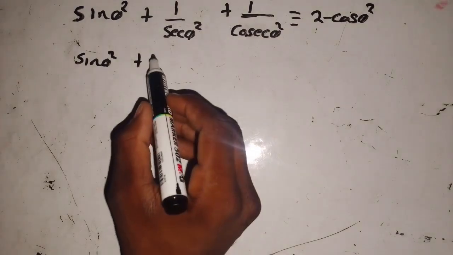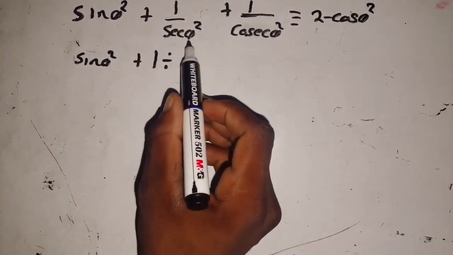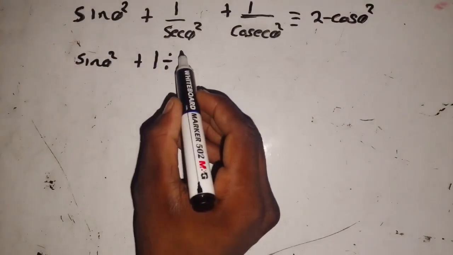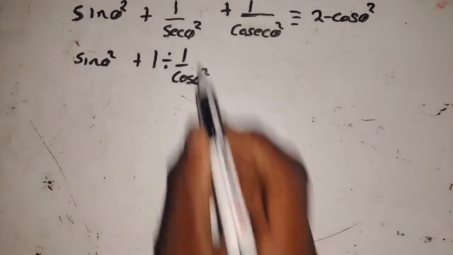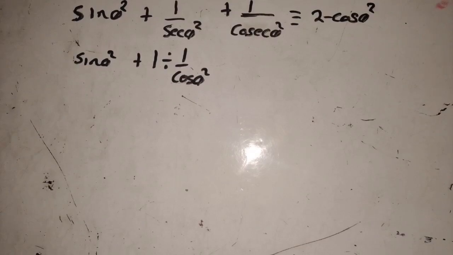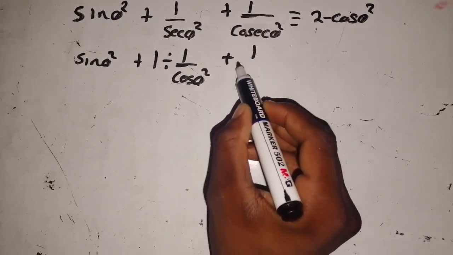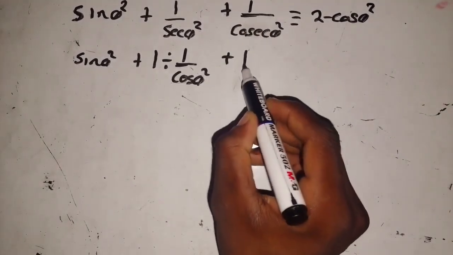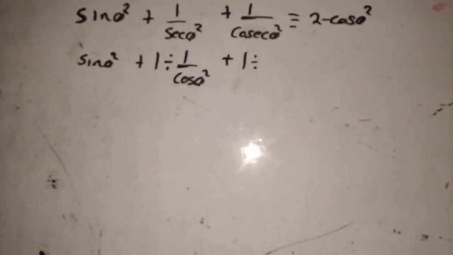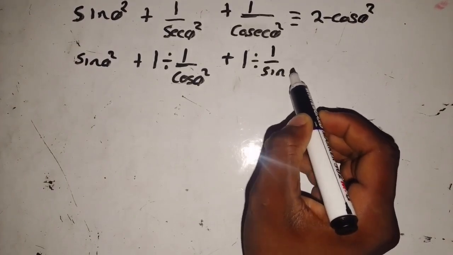So we're going to have 1 divided by sec theta squared, which is 1 divided by 1 over cos theta squared, plus 1 divided by cosec theta squared, which is the same as 1 divided by 1 over sine theta squared.